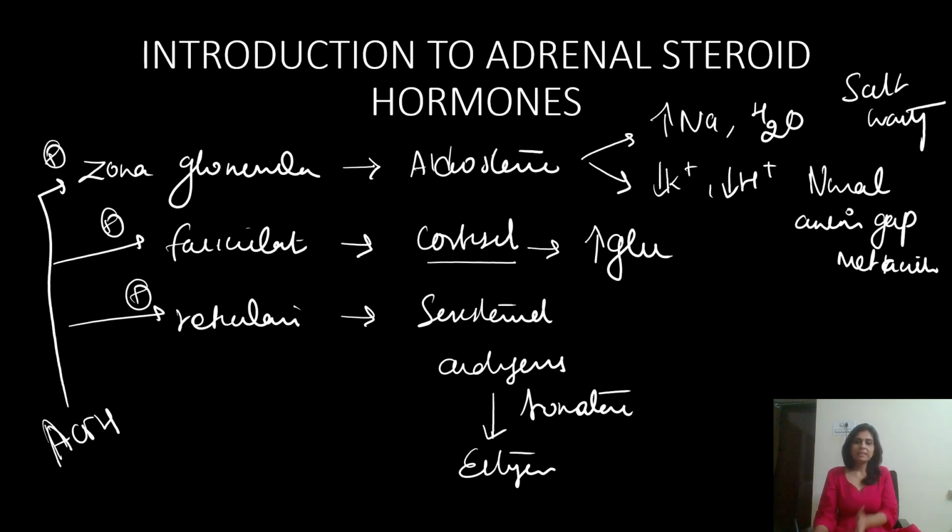But ACTH, in a feedback mechanism, is inhibited only by the glucocorticoid cortisol. It is not inhibited by aldosterone, it is not inhibited by sex steroids. So tell me, what do you expect when cortisol secretion is decreased in a congenital adrenal hyperplasia?